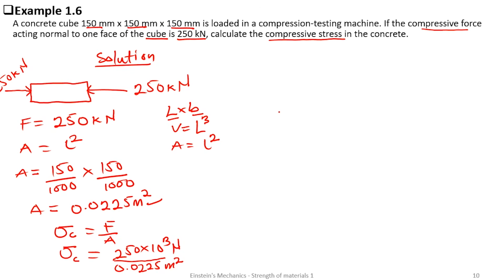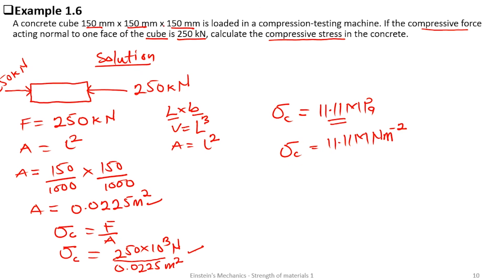So we can say the compressive stress is giving us 11.11 megapascal. When you find this, you're going to get 11.11 megapascal, or the unit can change to 11.11 mega Newton per meter square, mega being 10 raised to the power 6.